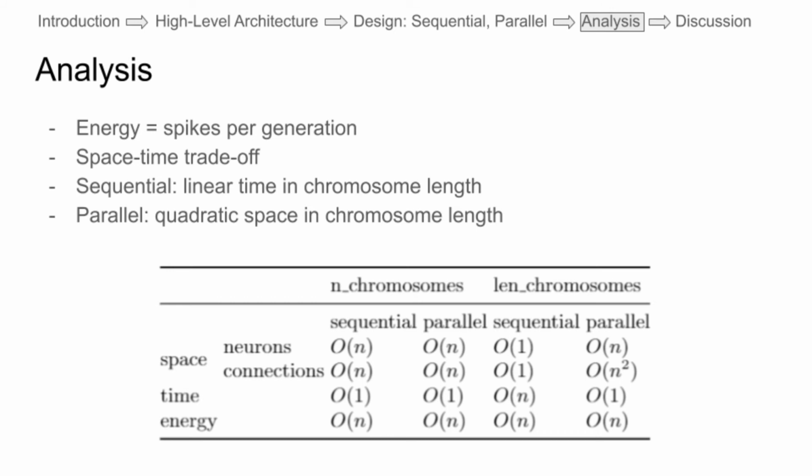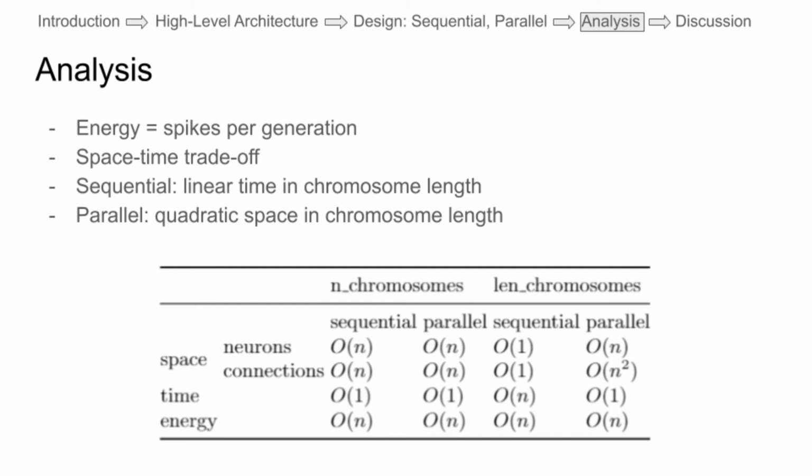Sequential design just means that each chromosome is processed sequentially, but separate chromosomes are still processed in parallel, making use of the massively parallel design of neuromorphic computing. So this is just with regard to single chromosomes.